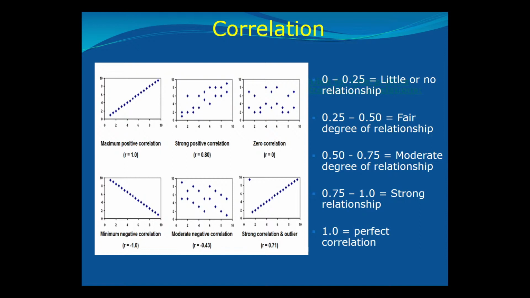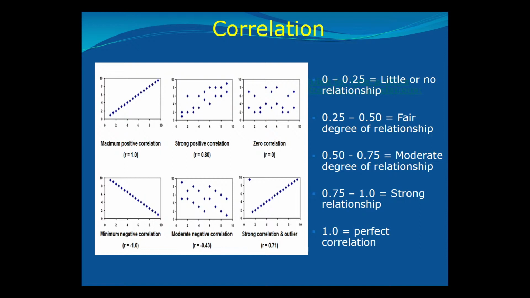In the top middle graph, we have strong positive correlation because R equals 0.8. Look at the graph. All points are scattered, but tend to move toward some invisible straight line.